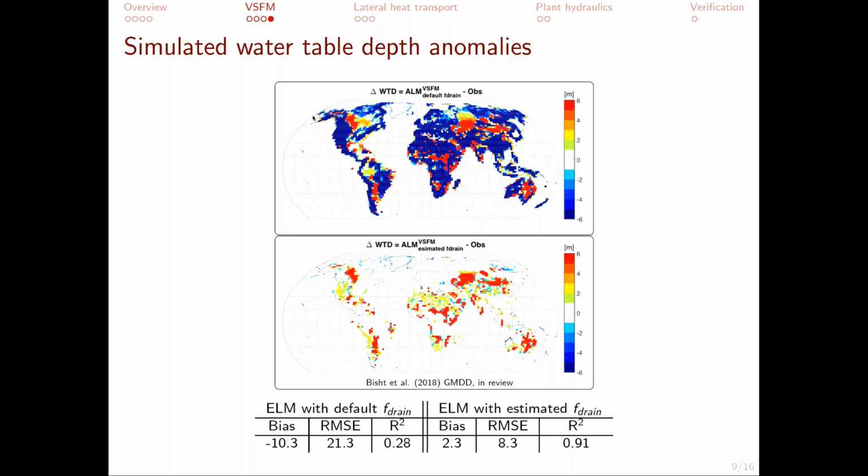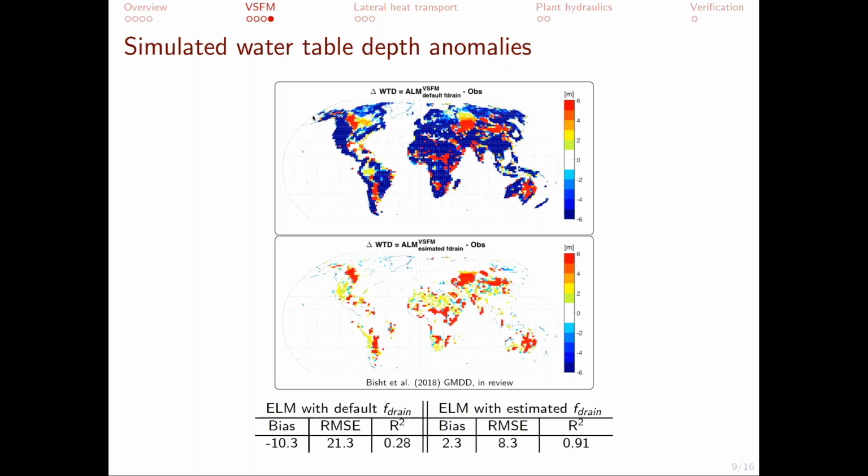So the first thing to note is that in the optimal parameter simulation, all the cooler colors are gone, which means that we are able to match the deeper water table depth in the observations very well.